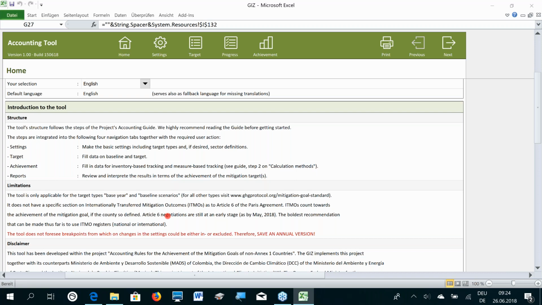And this is not because it wouldn't be important, but it is because the negotiations are still at a very early stage, I dare to say, and we don't yet really know to which area of the NDCs the ITMOs will be applicable, and how the transfer will happen, and if there will be certain mechanisms that would be applied to those transfers.